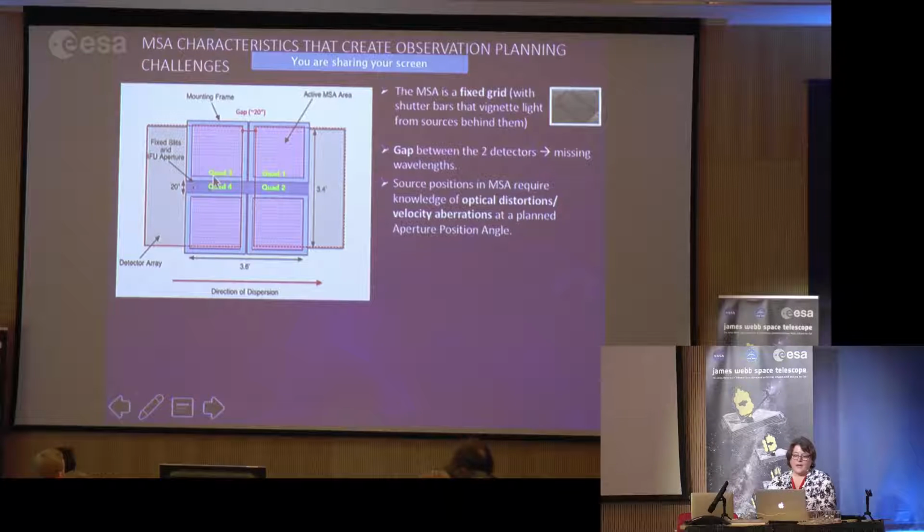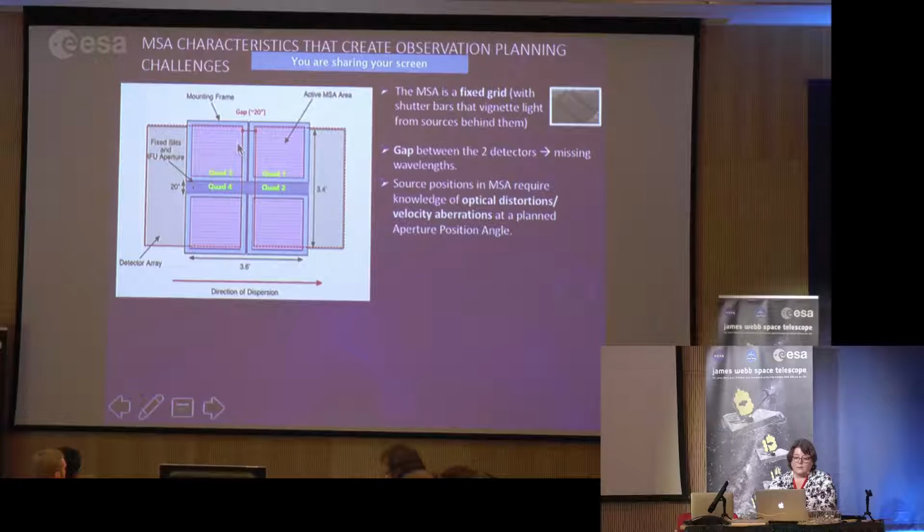There's also a gap. This is a projection of those 4 MSA quadrants, the MSA aperture, onto the 2 detectors, shown here behind the 4 MSA quadrants. And so you can see the little IFU and the fixed slits are here. And the whole field is about 3.5 arc minutes by 3.5 arc minutes.